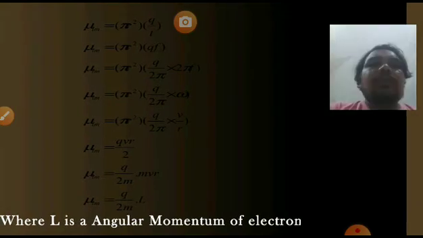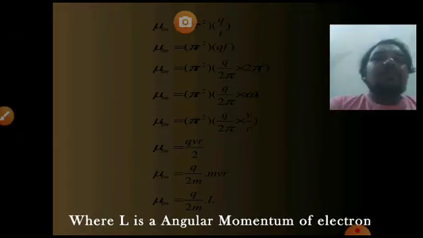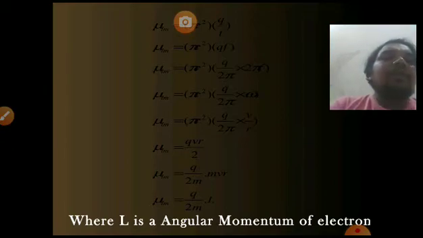Mu L m is equal to pi r square into Q by T. Mu L m is equal to pi r square into Q f. Mu L m is equal to pi r square Q by 2 pi into omega. Mu L m is equal to pi r square Q by 2 pi into v by r.